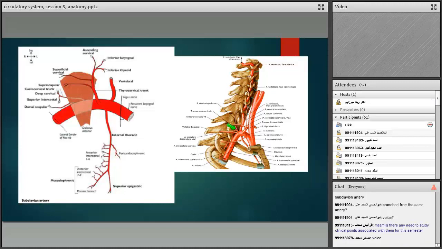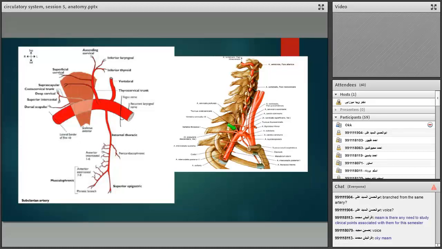For the clinical points, I will explain some of them in the embryology class. Okay? So here we have the costocervical trunk. The costocervical trunk is sending branches to the neck and also to the chest. Costocervical means it is sending branches to the chest and also to the neck.